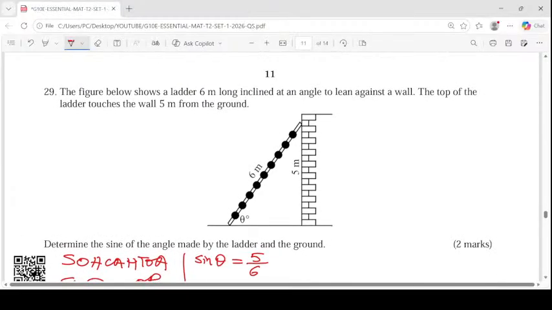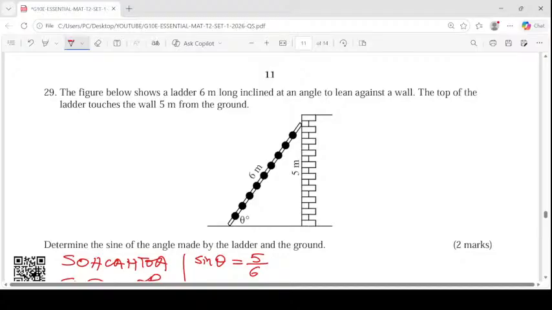I want us to be very keen with this question. One thing that learners get confused about is whether they are going to leave their answer as 5 over 6, or get the sine inverse of 5 over 6. That is why STEM Smart Academy is here for you, and I'm going to make it clearer here.